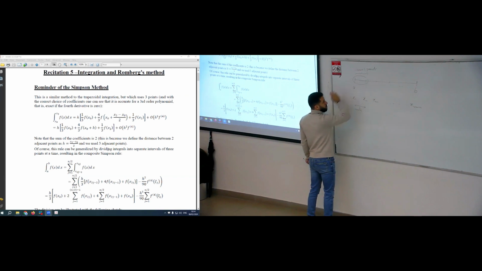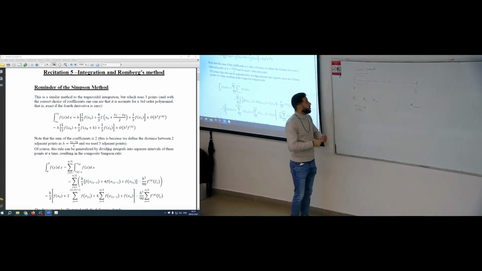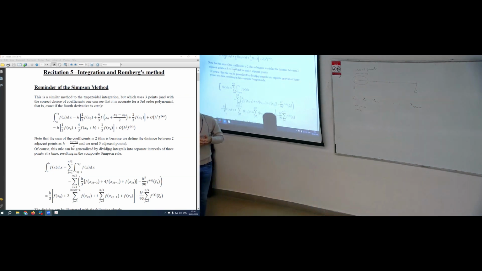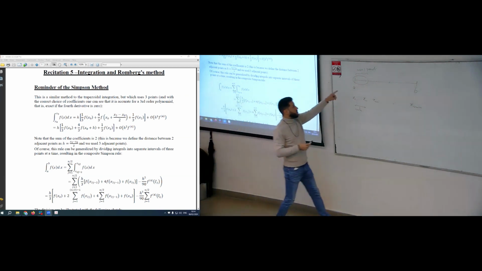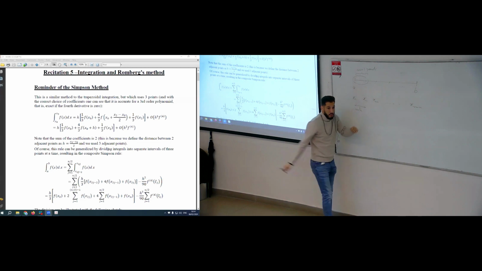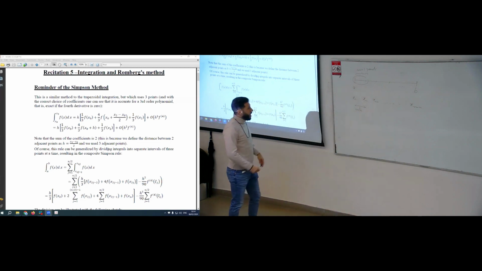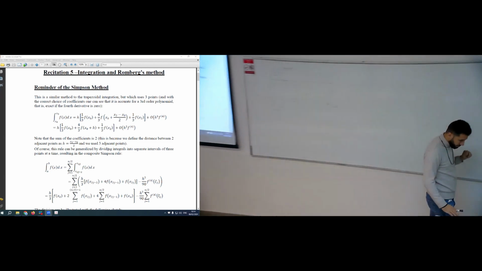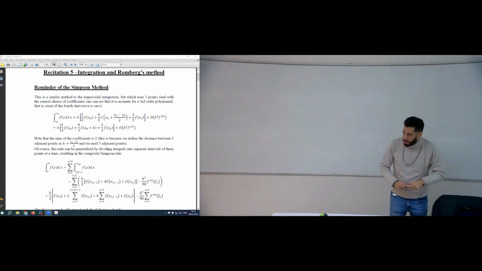So f multiplied by h, that's the rectangle. And if m equals 1, it is the trapezoidal. So if m equals 1, we use 2 points, which are these, 1 and 2. There is no in-between points. And if m equals 2, that we call the Simpson one-third rule.